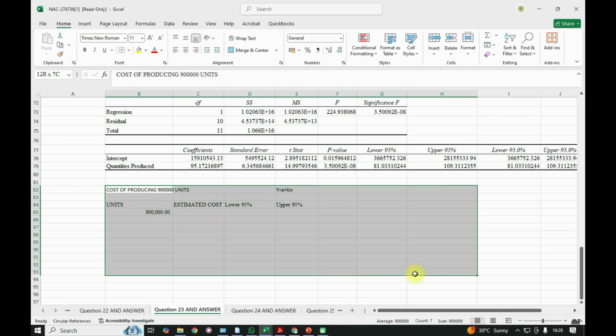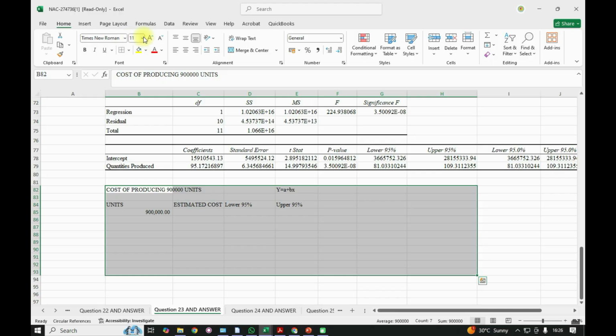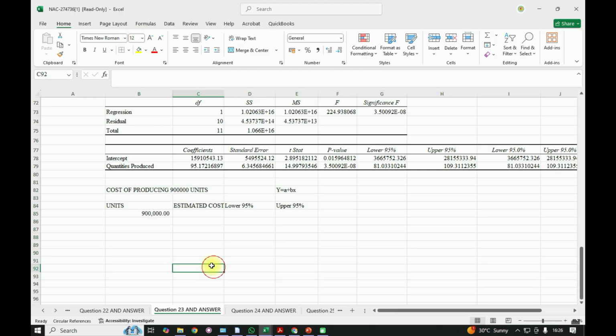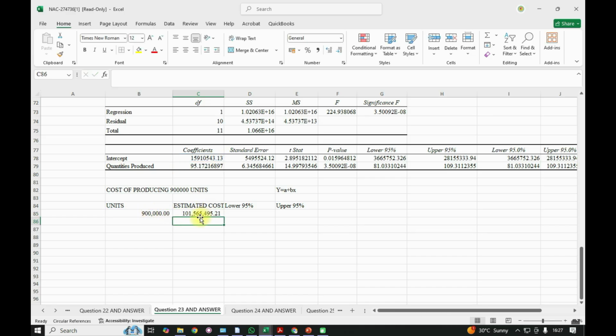So for our estimated cost, we shall take our a, the intercept, and we open the bracket, our b multiplied by the number of units that we are having. So this will be our estimated cost. Estimated cost will be 101.